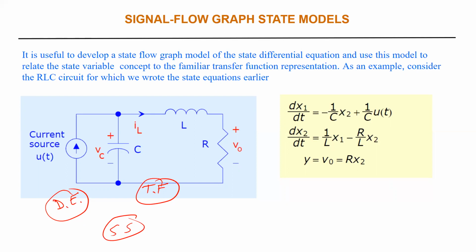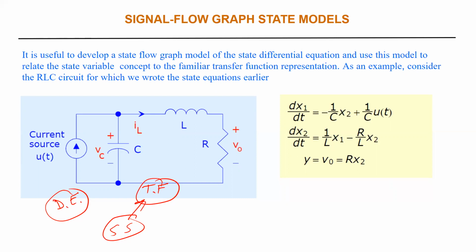Suppose I have this system. I would like to use the concept of signal flow graph and convert my differential equation into a signal flow graph, and then find the transfer function. Basically I want to go from state space to transfer function.